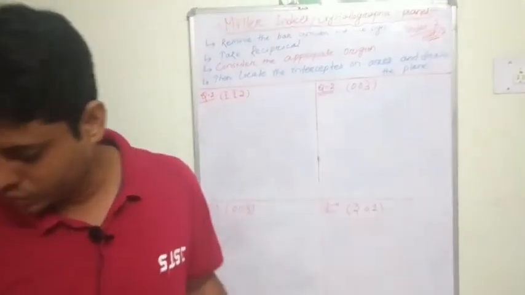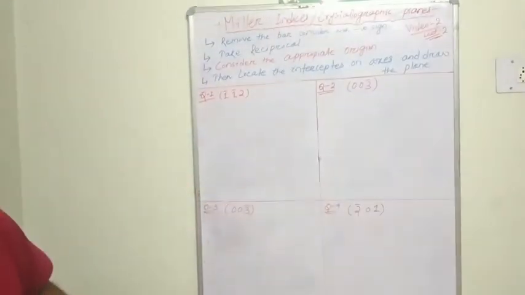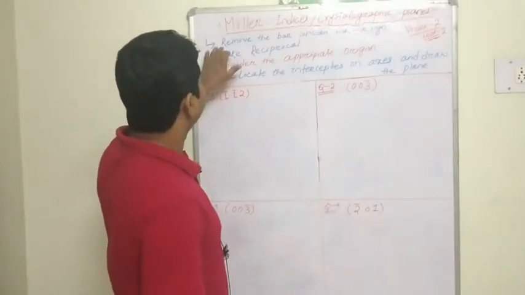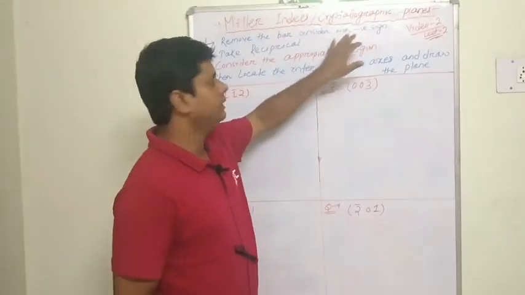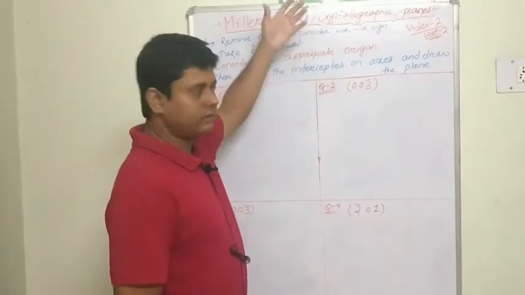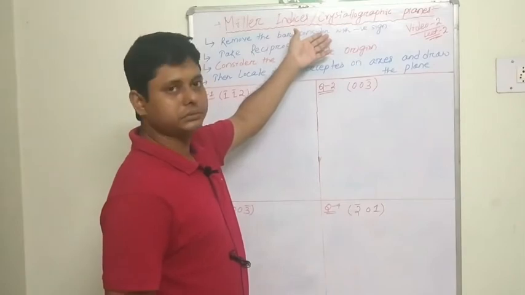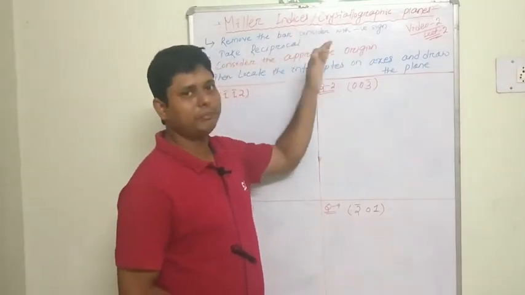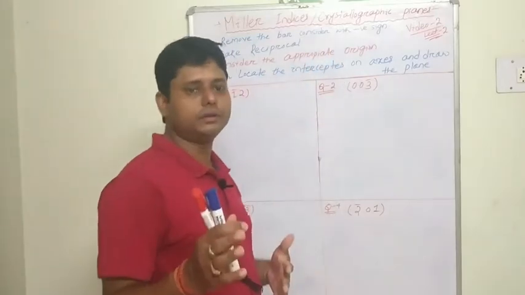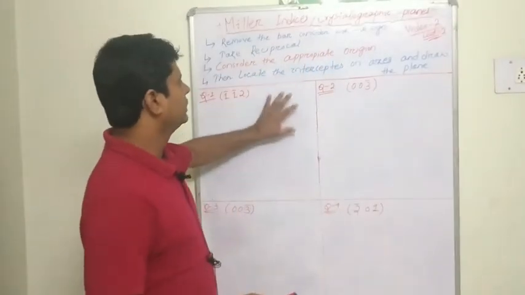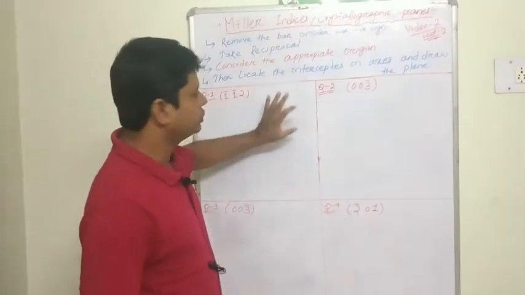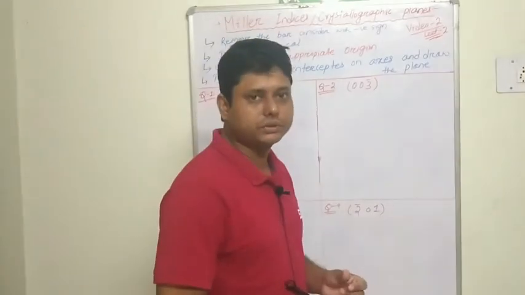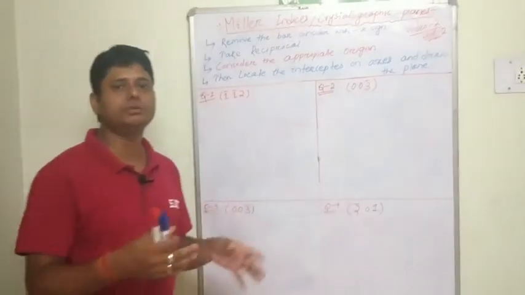The steps are: remove the bar and consider it with a negative sign, then take the reciprocal, and then consider the appropriate origin. I have written this third line in red because it is the most important step for drawing this type of plane. Then we locate the intercepts on the axes and draw the plane.